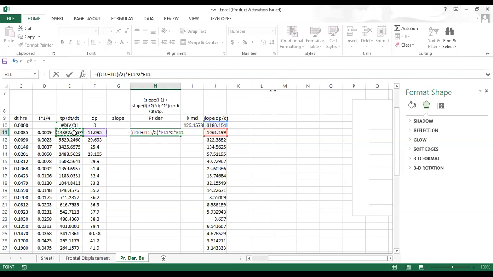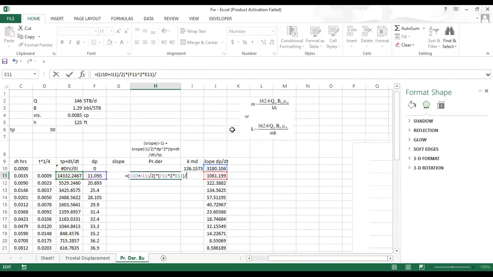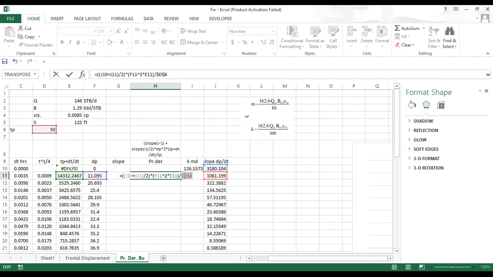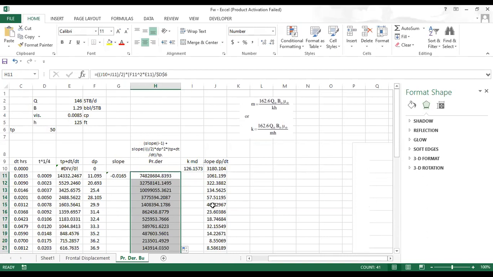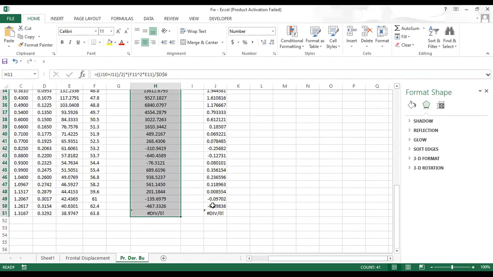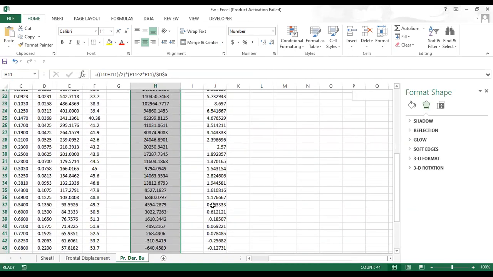Then this whole term should be divided by the production time period, that is nothing but 50. The values were supposed to be constant, and from here I have to move forward. So this is my pressure derivative values for this.